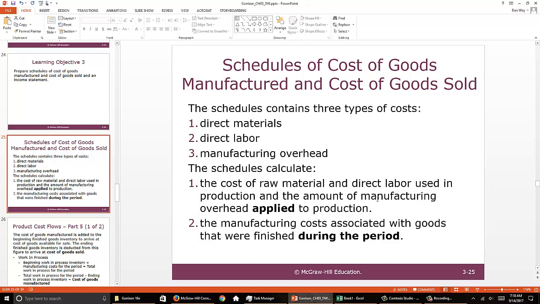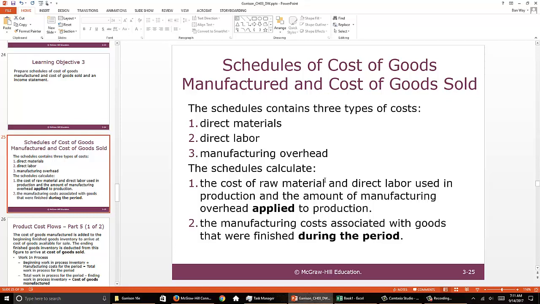Our product costs, aka manufacturing costs, aka inventoriable costs, right? All those costs that flow through inventory. So the schedule of cost of goods manufactured includes the cost of raw material and direct labor used in production and the amount of overhead that we've applied to production, not necessarily the amount that we've incurred, right? Those two things can be different.